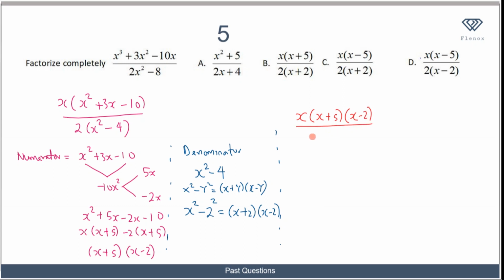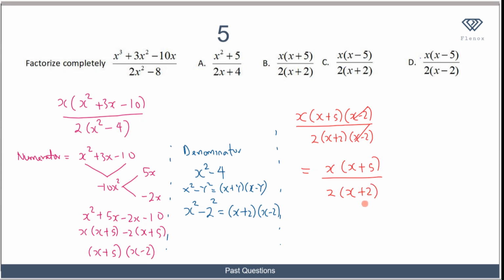And this term at the denominator, x squared minus 4, can be written as x plus 2 and x minus 2. So I can now cancel them out. So this cancels this. And what am I left with? I'm left with x into bracket x plus 5 over 2 into bracket x plus 2.